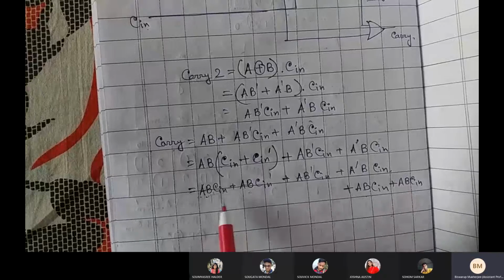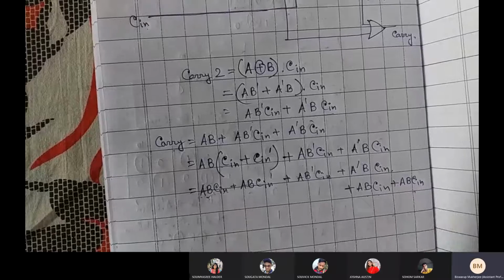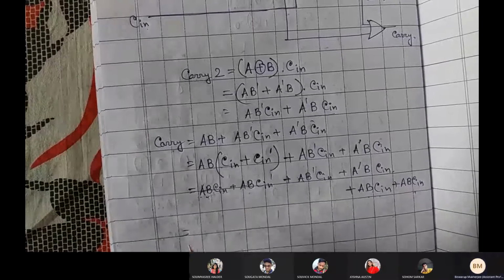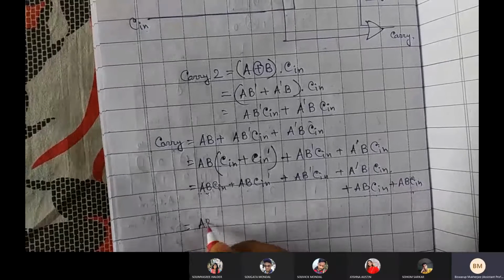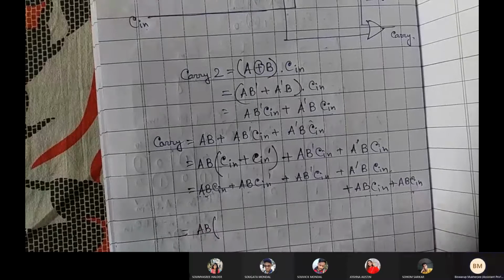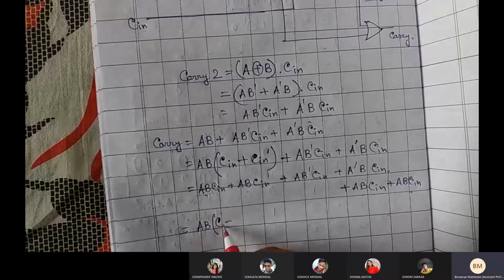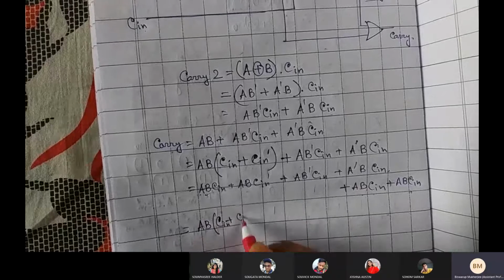it will remain 0. If it is 1, 1 plus 1 plus 1, again it will remain the same. Now I am taking common. First AB. So here it will have C in plus C in complement.